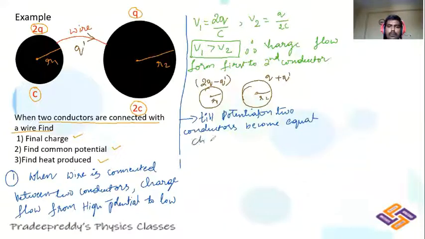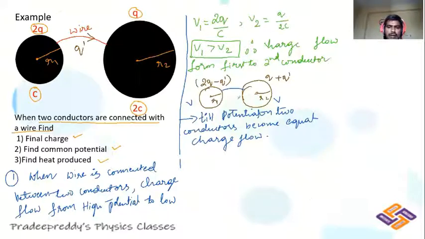When you connect these two with a wire, let me consider the final potential as V, and the final potential for the other will also be V, because the two potentials will be equal when you connect with the wire. Charge transfer takes place till those potentials become equal.